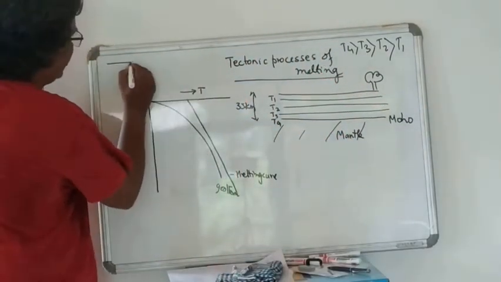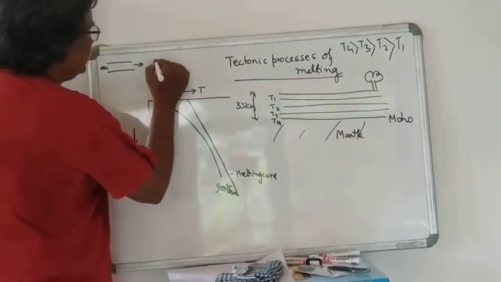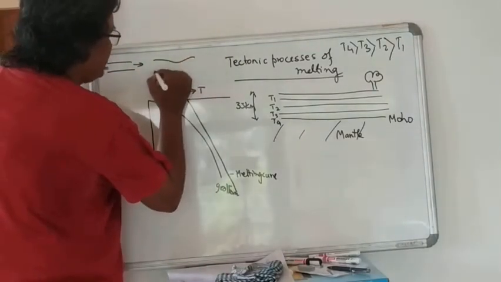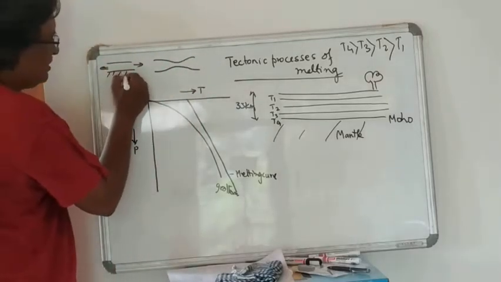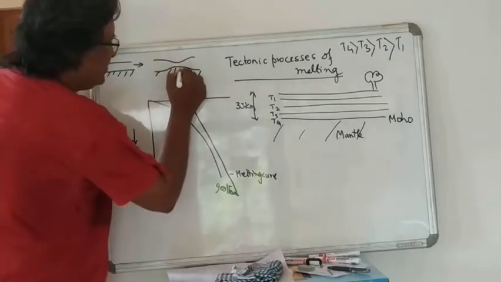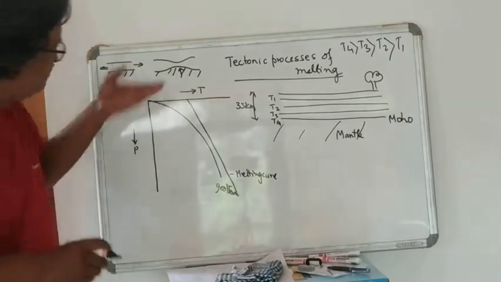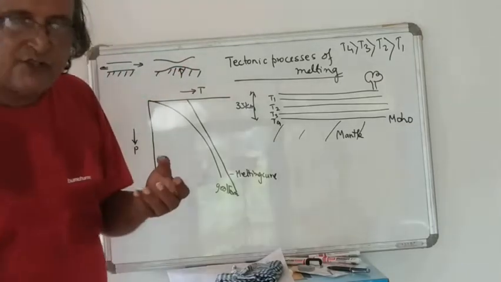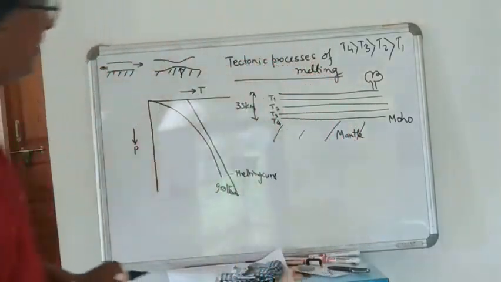If this experiences stretching, then you generate this type of a situation. So this is the mantle. You bring the mantle up, and so there is some amount of melting in the mantle.